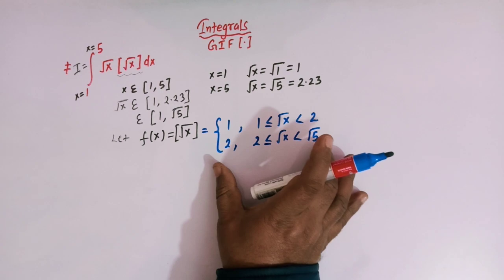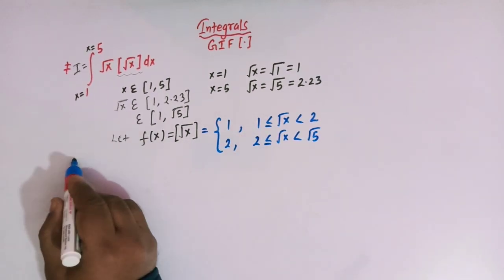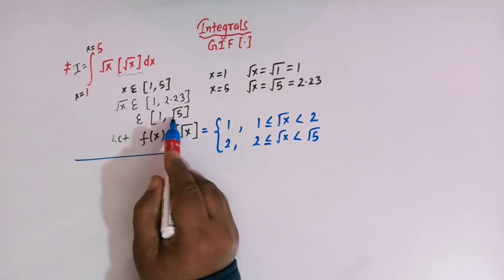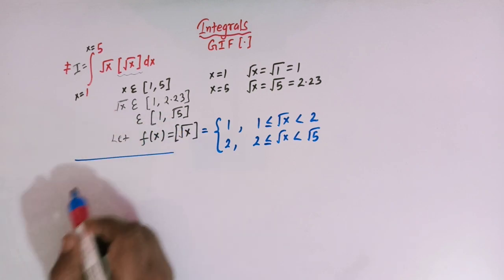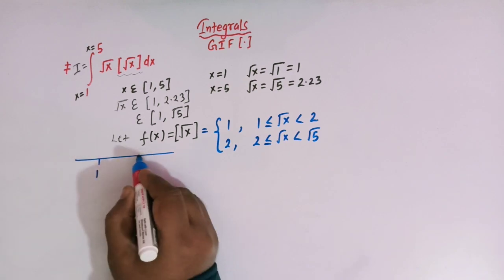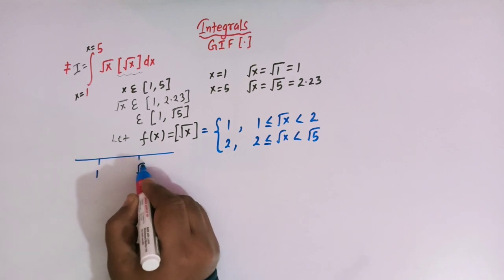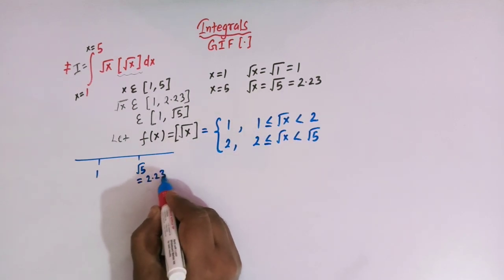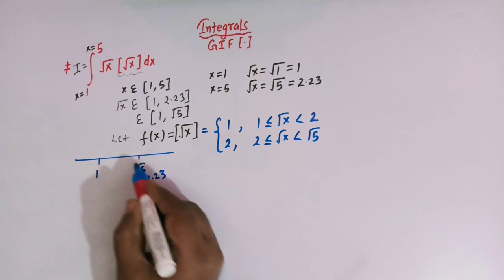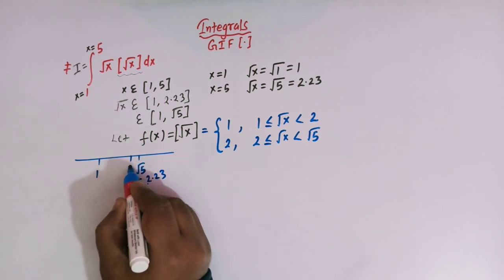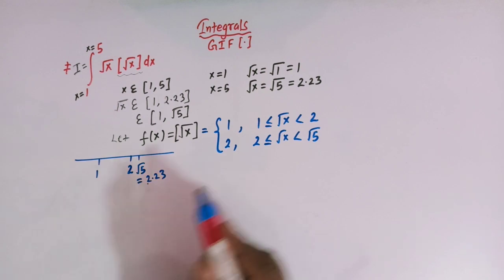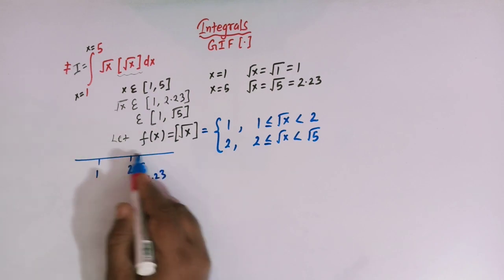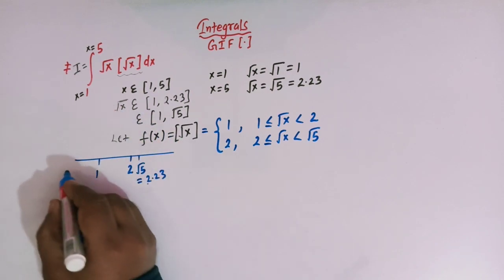Why have we written this? Here we have square root of x belonging to the interval 1 to square root of 5. So here we can write 1, and here square root of 5, which is approximately 2.23. Since 2.23 is close to 2, we can take 2. These numbers are represented corresponding to square root of x.